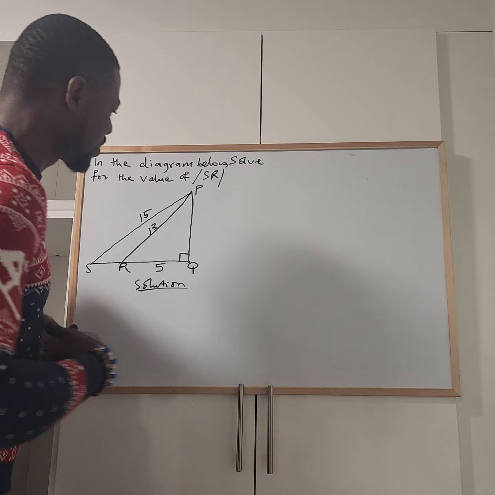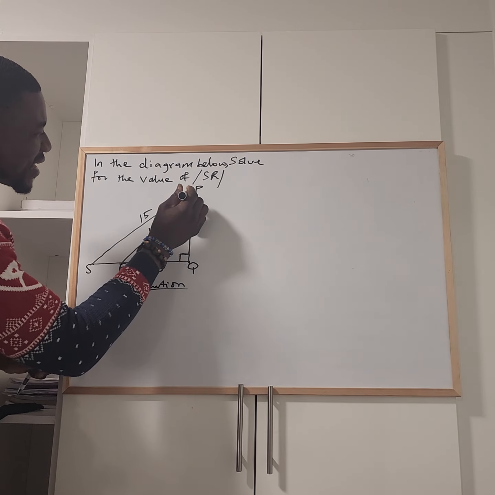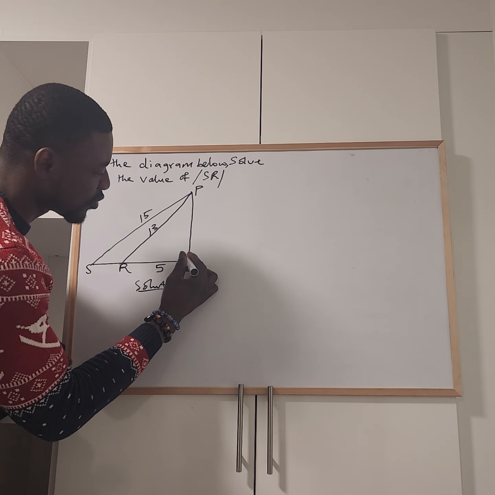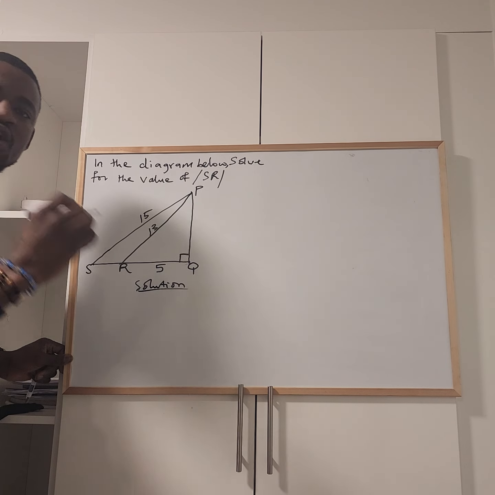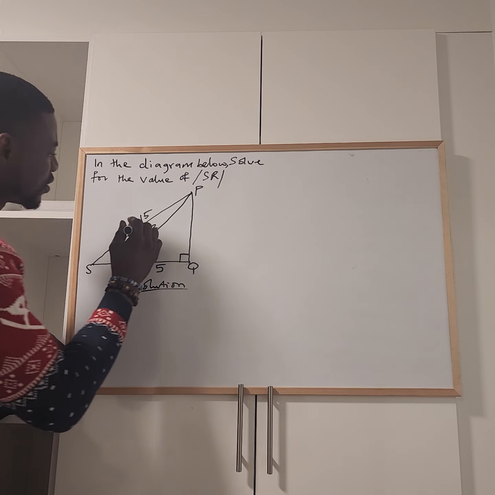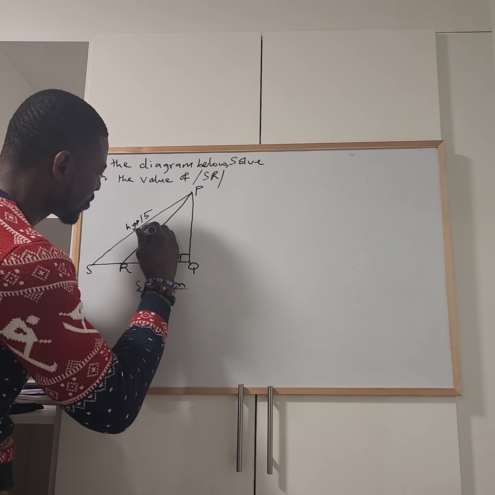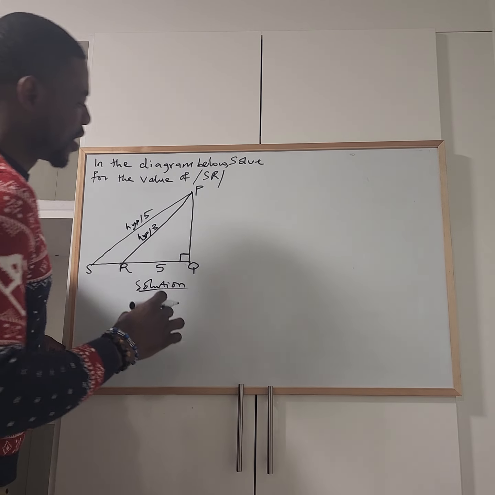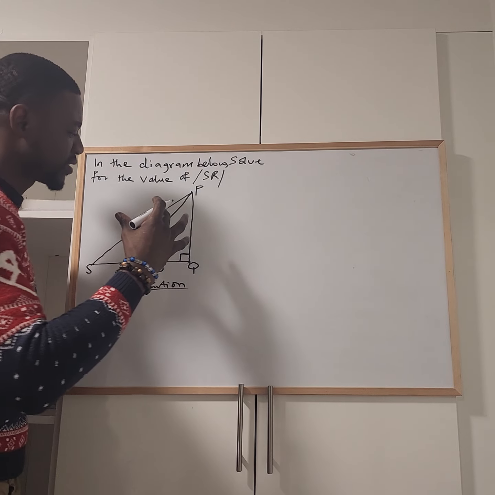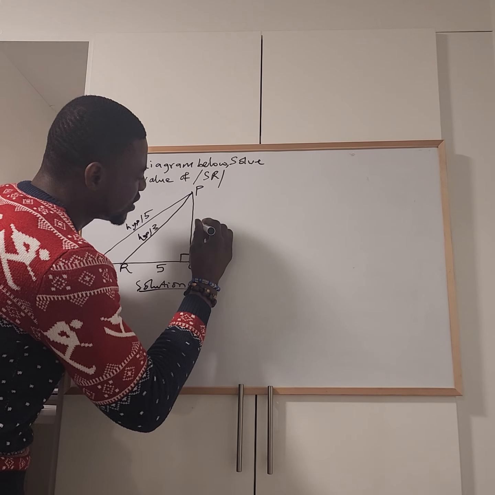You notice that according to Pythagoras, the side facing the right angle is called the hypotenuse. Now, the side opposite the angle is called the opposite.